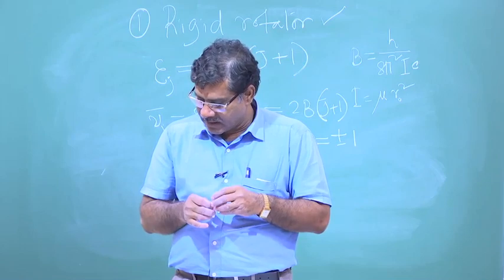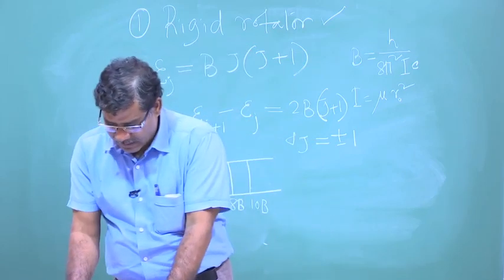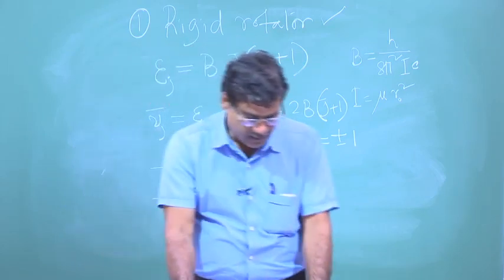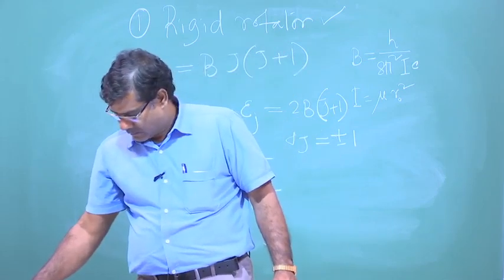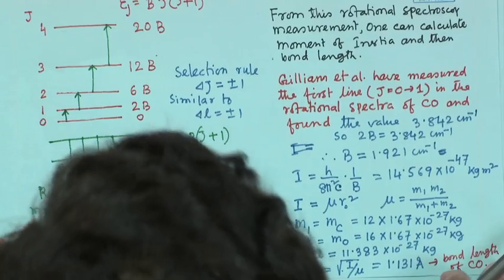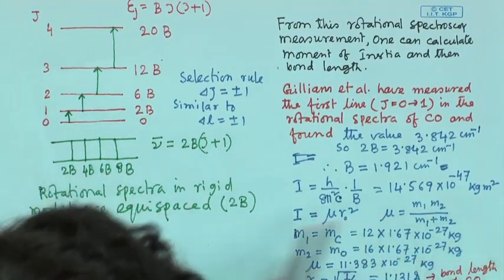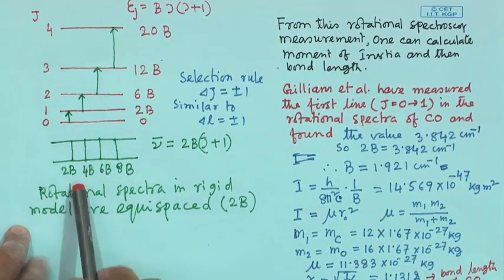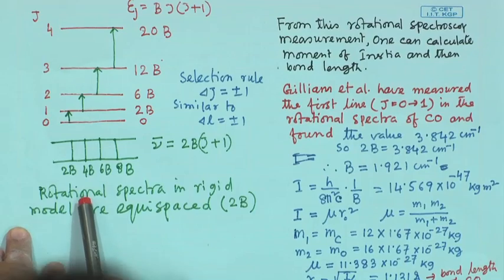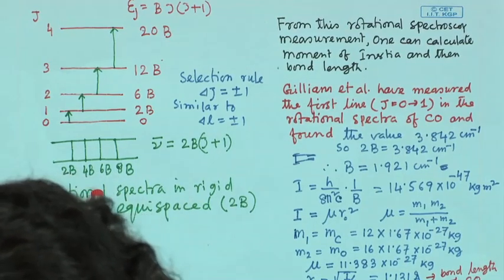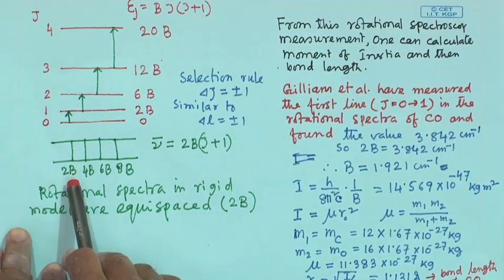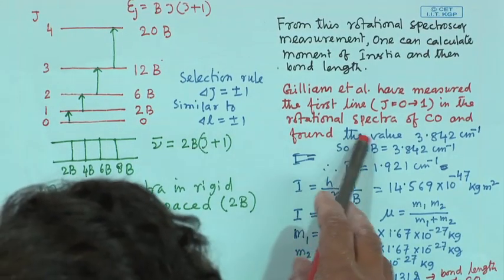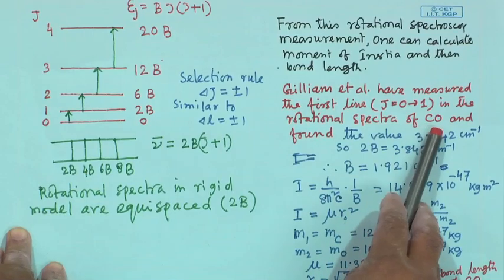Gilia metal measured the wave number of the first spectral line for which molecule? Cobalt monoxide molecule.